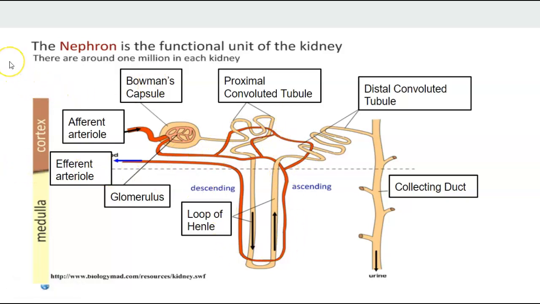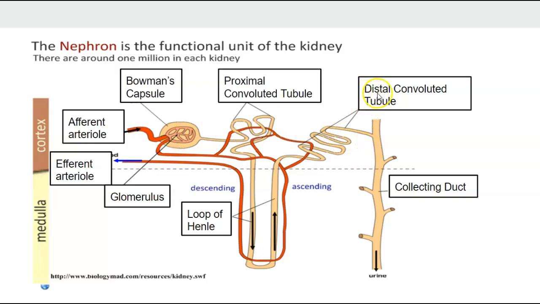So first step is Bowman's capsule. Then the proximal convoluted tubule. It's called proximal because it's close to the Bowman's capsule. So it's closer, so it's proximal. PCT for short. Then it goes down to the loop of Henle where water absorption occurs. Then distal convoluted tubule because it's further away from the Bowman's capsule.